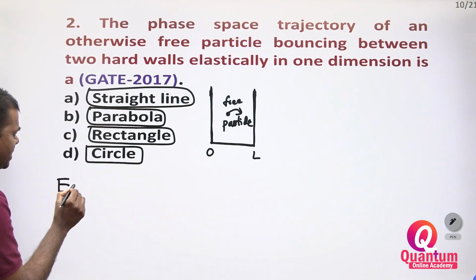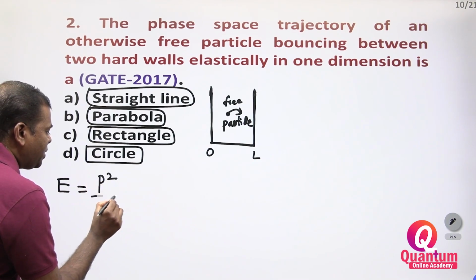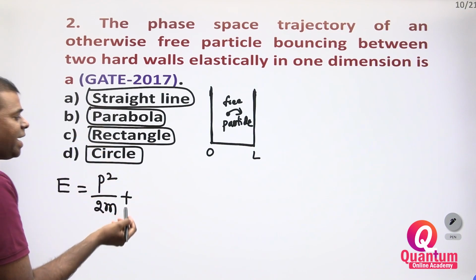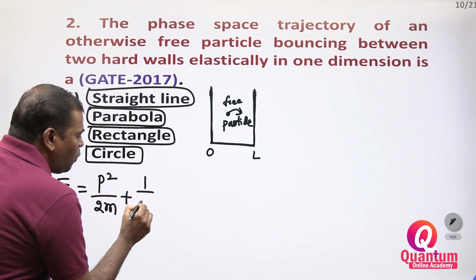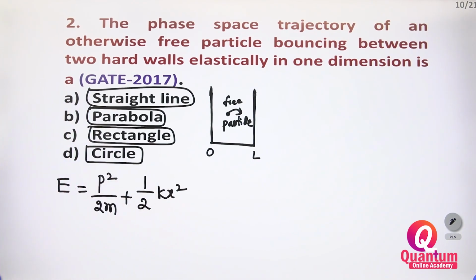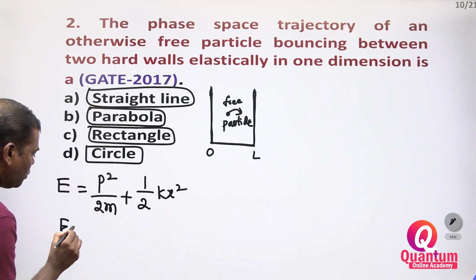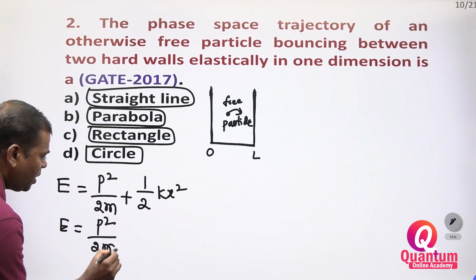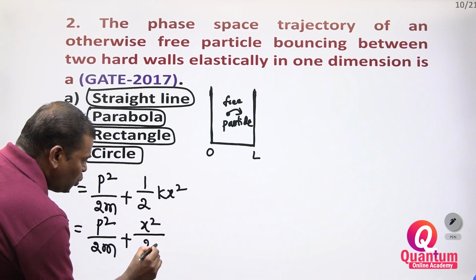The total energy is equal to the kinetic energy of the particle, p square by 2m, plus the potential energy of that particle, 1 by 2 k x square. This is the potential energy of that particle. Clear? Now E is equal to p square by 2m plus x square divided by 2 by k.